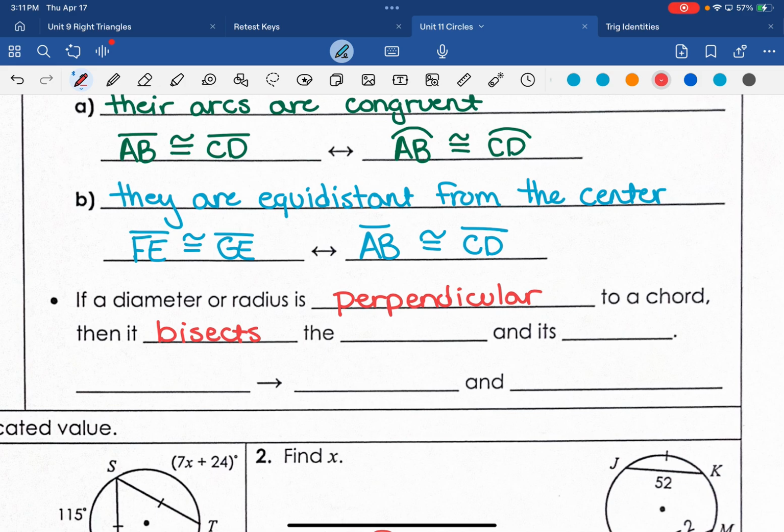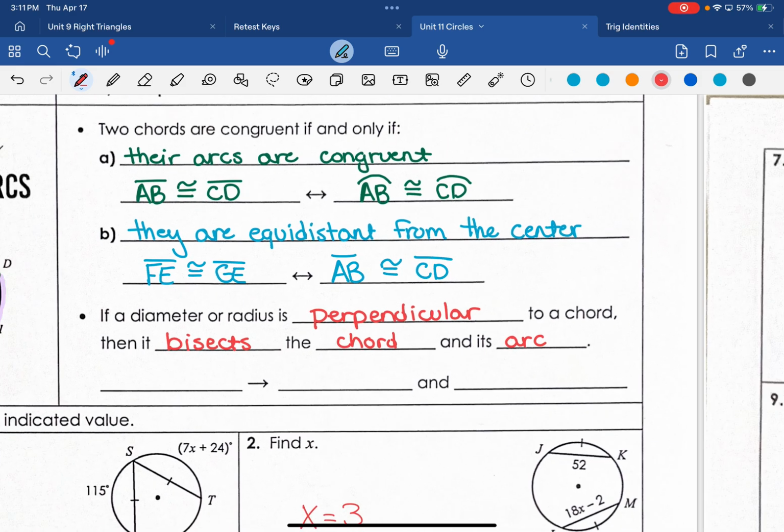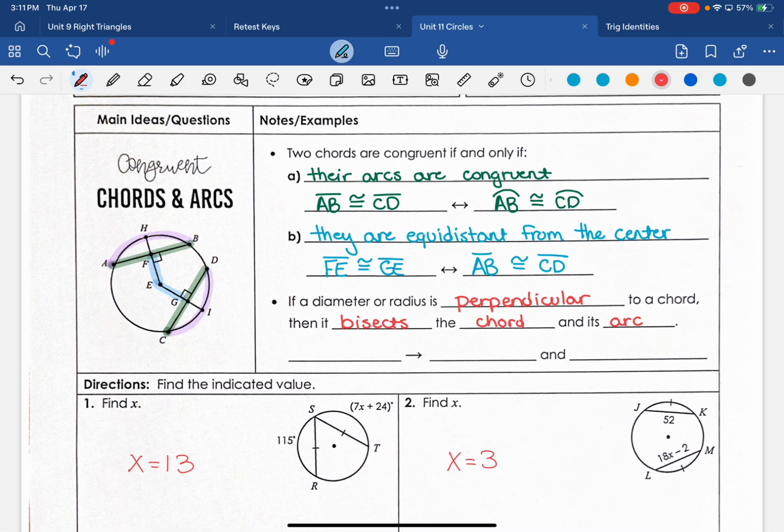It bisects the chord and its arc. Okay. So the example of this, the radius I was just talking about is HE right there. So if the radius HE is perpendicular, that upside down T, to AB.